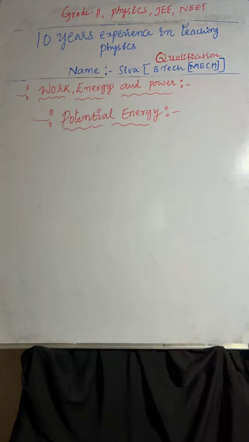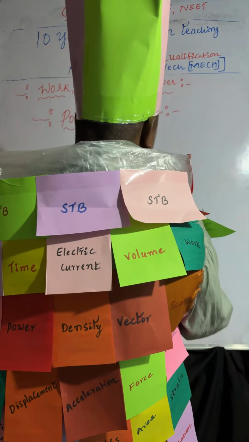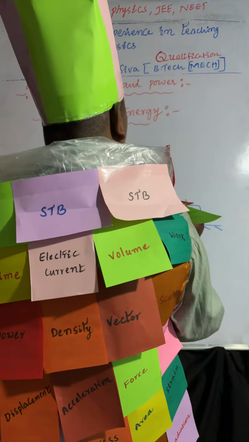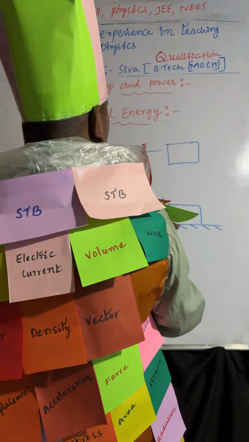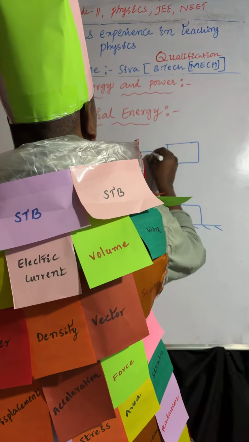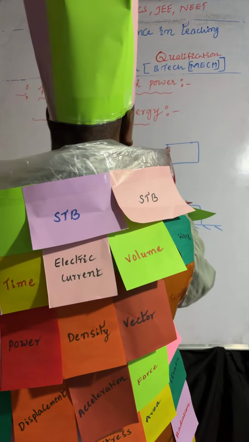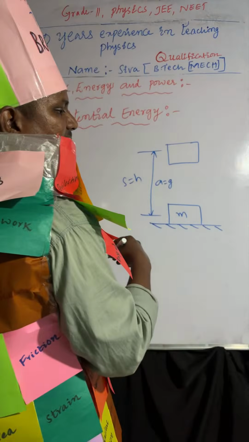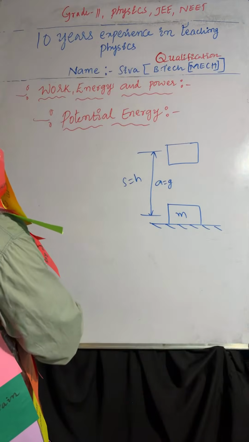So we are lifting an object from the ground to a certain height. This object's mass is m, and it is lifted to height h. So a equal to g and s equal to h. What is the acceleration? That will be the acceleration due to gravity.